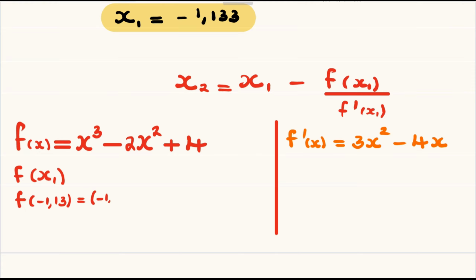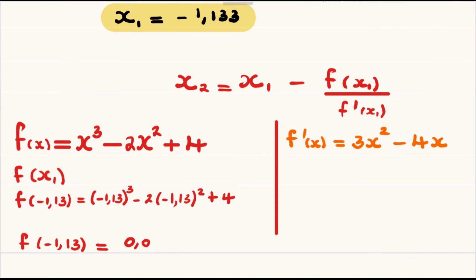This will be equal to negative 1.133 cubed minus 2 into negative 1.133 squared plus 4, and f of negative 1.133 will be equal to 0.0033.